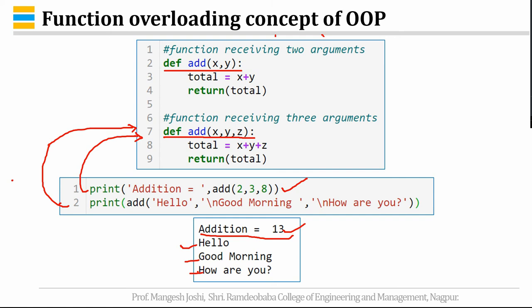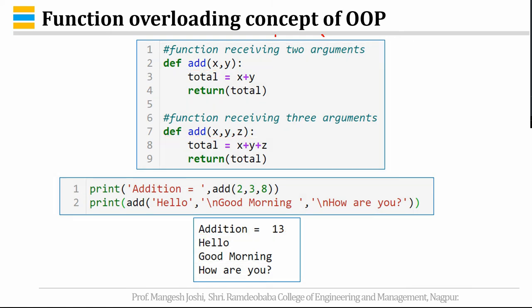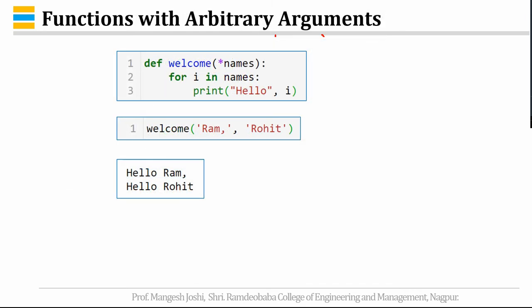There is one more utility of Python, that you can define functions with arbitrary arguments. So what is the meaning of arbitrary arguments?